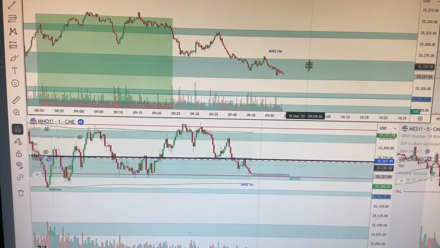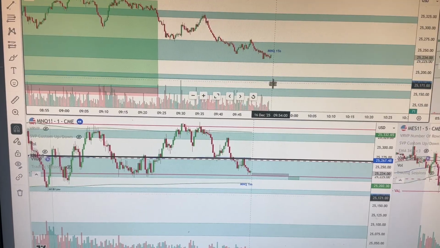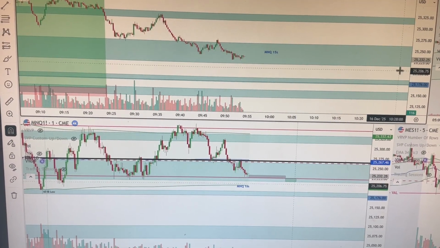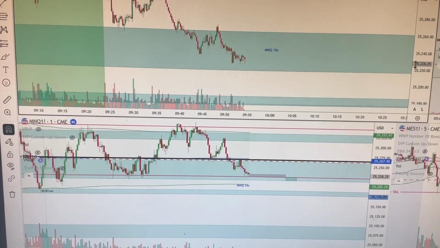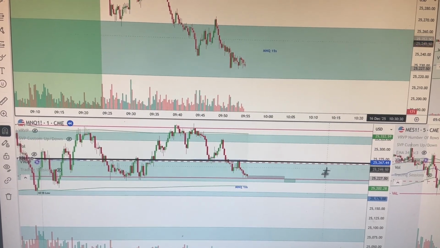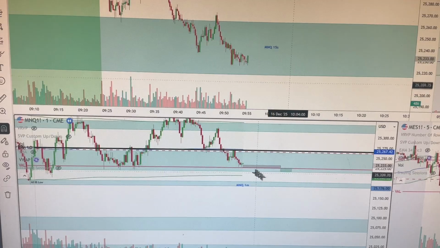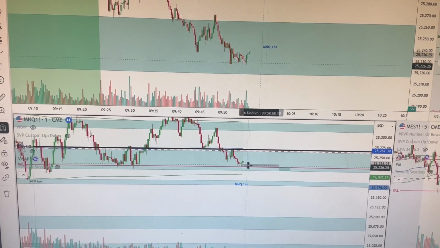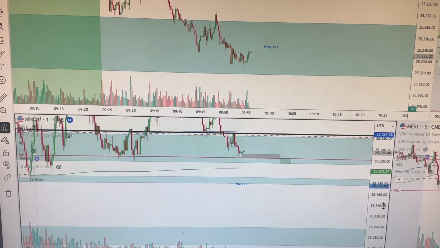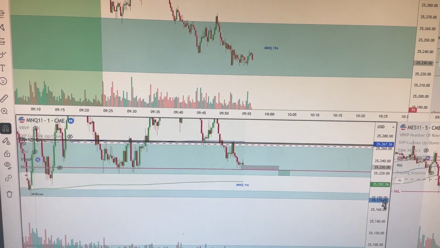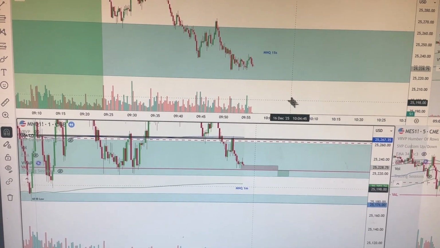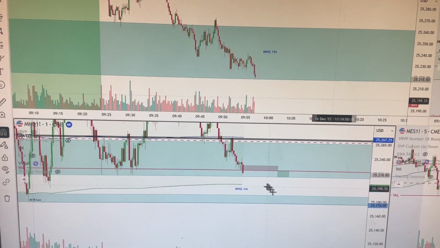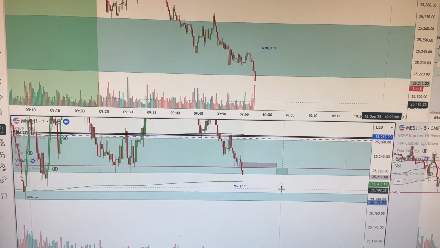Okay. Coming down. Eventually we're going to sweep. Okay, still coming down, making a bearish FVG here on the 1 minute. Okay, makes that FVG.